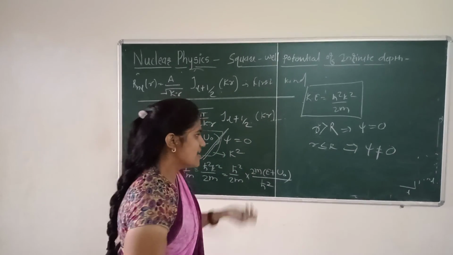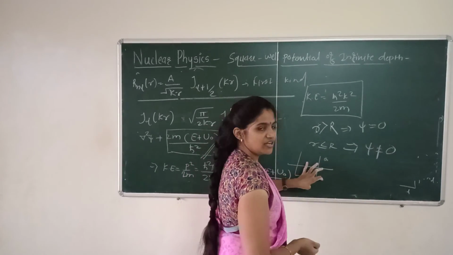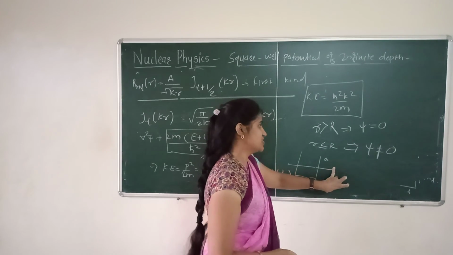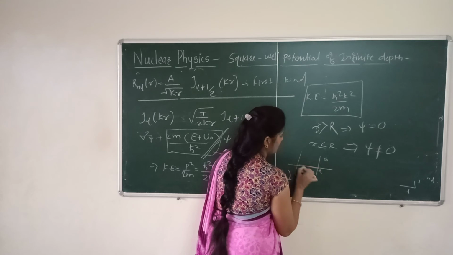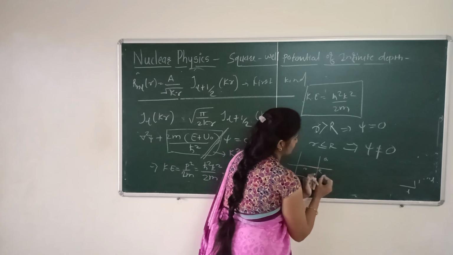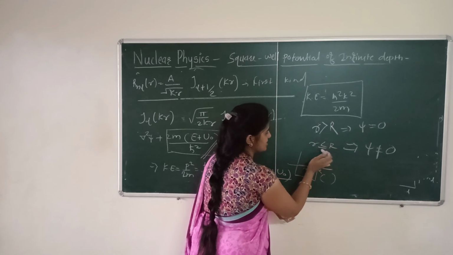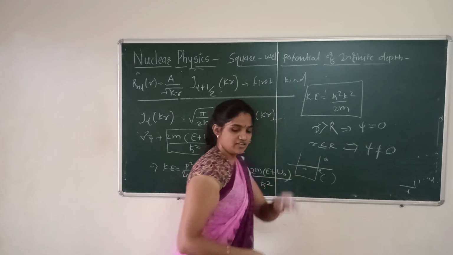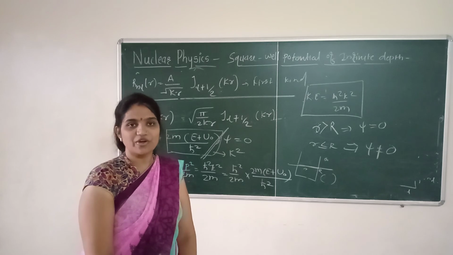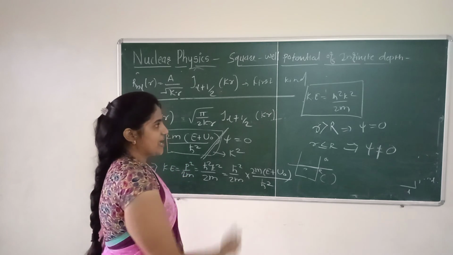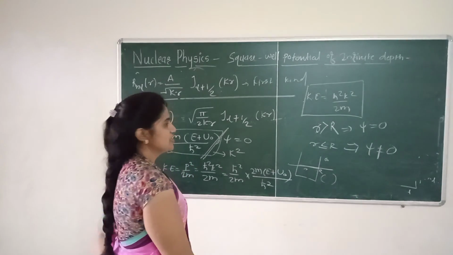Because there is a constant of infinite potential, that nucleus can't come out of the infinite potential. That's why in the region where r is greater than R, psi will be 0, and when r is less than or equal to R, then psi is not equal to 0. Understand, students? Here we are studying the spherical potential to find the kinetic energy of that nucleus which is revolving in the infinite potential depth of that nucleus.